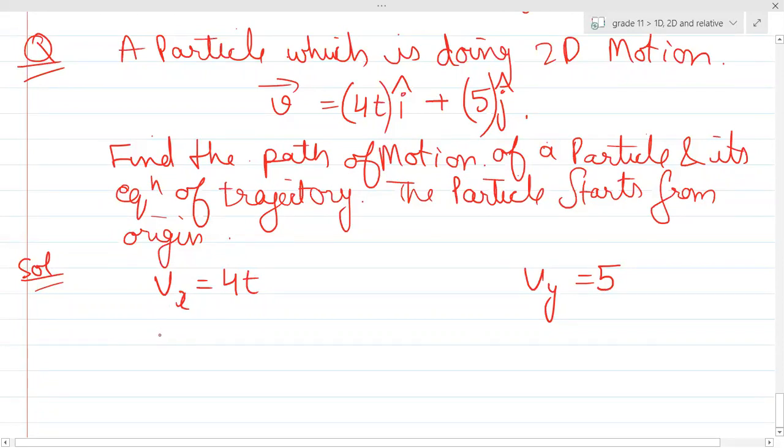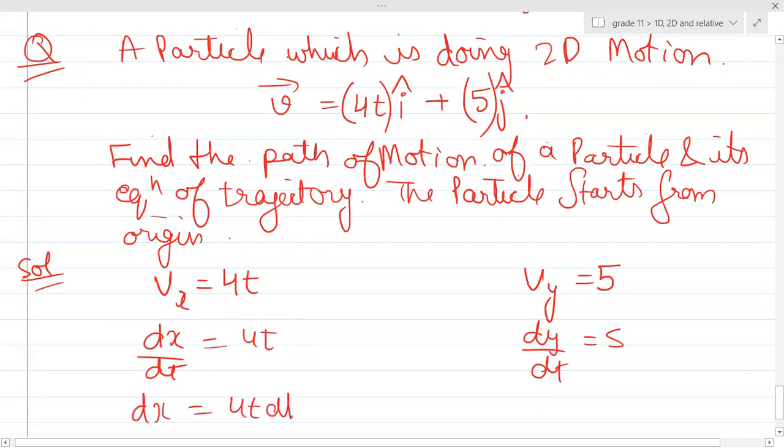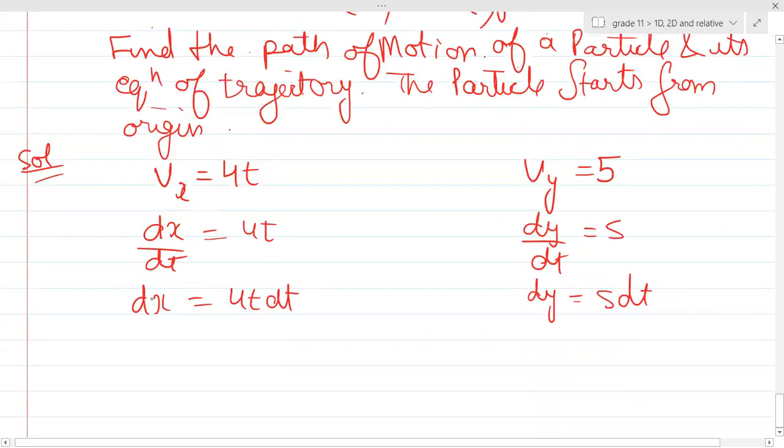So integration. Very good. I can write Vx as dx by dt. I can write this as dy by dt. Can anyone integrate for me, please? So it's 2t square, 5t. Do you remember, guys, I told you at t equals 0 the particle starts from origin.